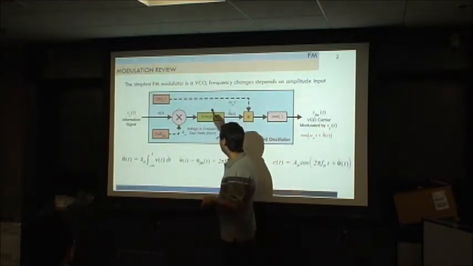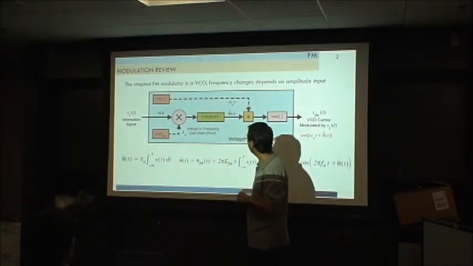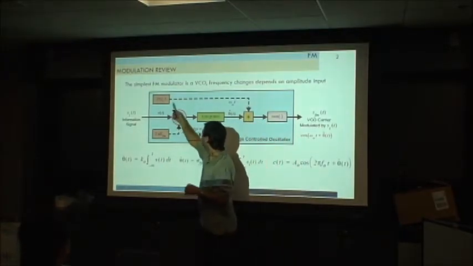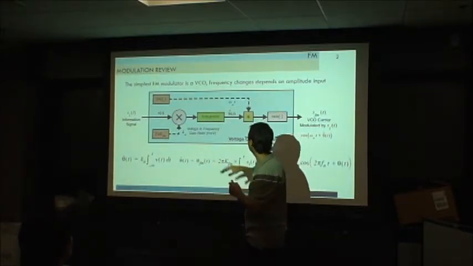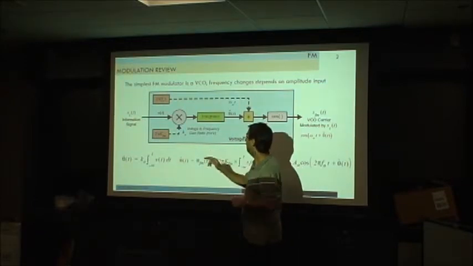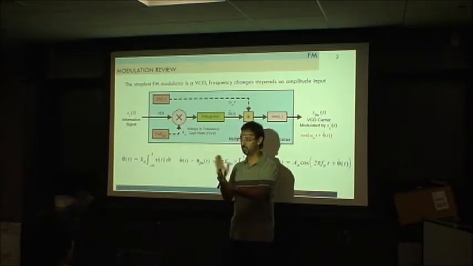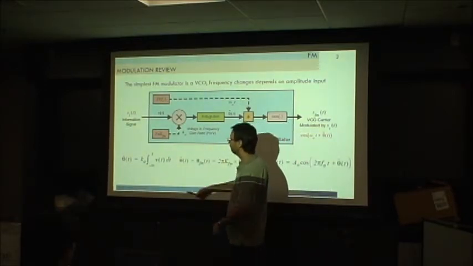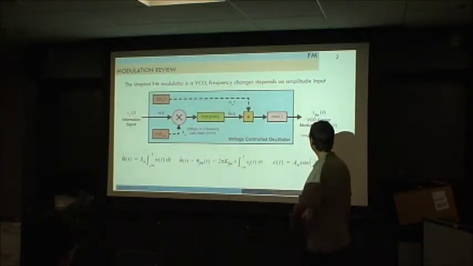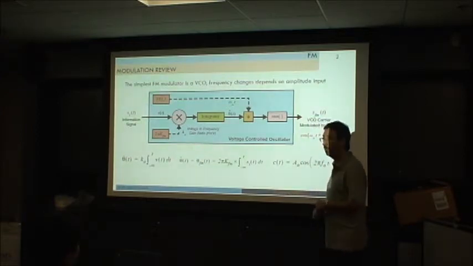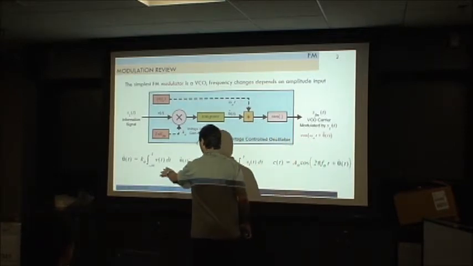Then there is the integrator part on the VCO that gives some estimation of the phase. And this is the base frequency, the carrier frequency, the fixed frequency. Here we add how much that frequency will move to make the modulation, related of course to this signal. So we just take the cosine, and voila, we have our frequency modulated signal. This is all the same as we saw before.